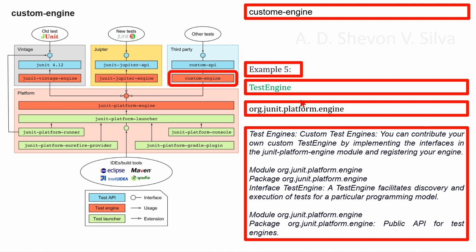If your custom test engine needs to be configured, consider allowing users to supply configuration via configuration parameters. Please note, however, that you are strongly encouraged to use a unique prefix for all configuration parameters supported by your test engine. Doing so will ensure that there are no conflicts between the names of your configuration parameters and those from other test engines.